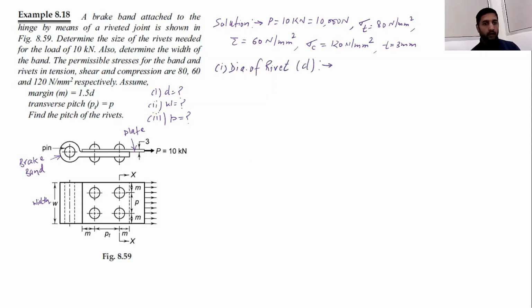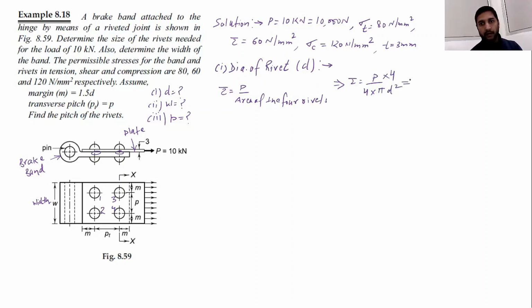So how many rivets are there? First of all, you need to find out there are 4 rivets, 1, 2, 3 and 4, and they are subjected to single shear here and here. So shear stress will become force divided by area of the 4 rivets. It will become tau equal to force divided by 4 into pi by 4 into d square.